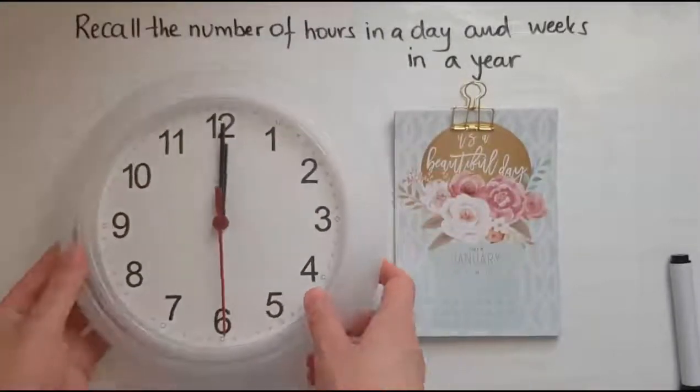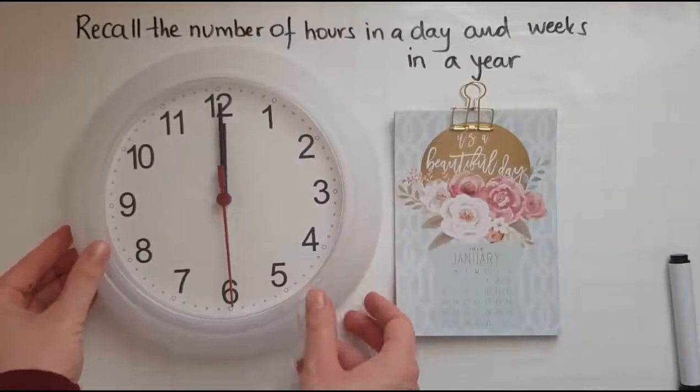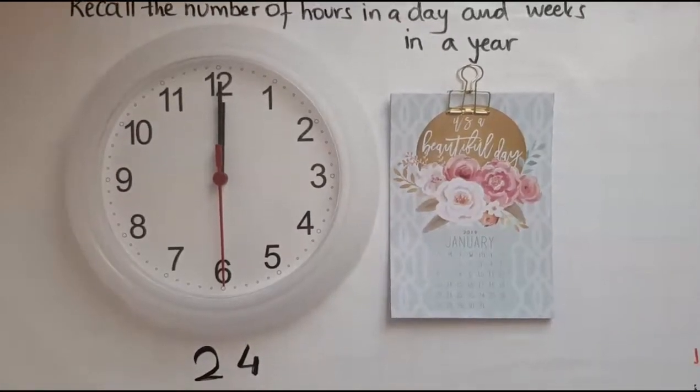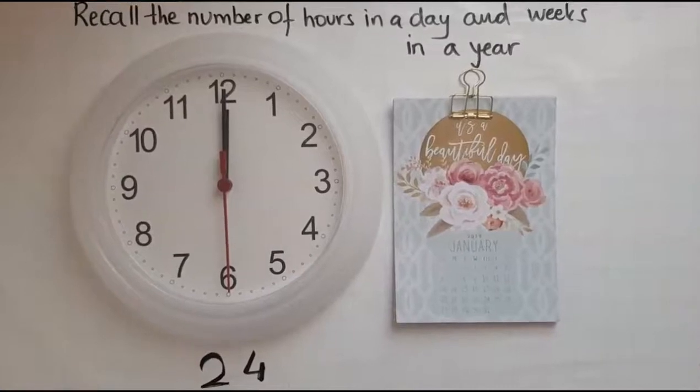So in total, in a day, there are 24 hours. You've probably seen this information in shops which are open 24 hours a day. So there are 24 hours in a day.